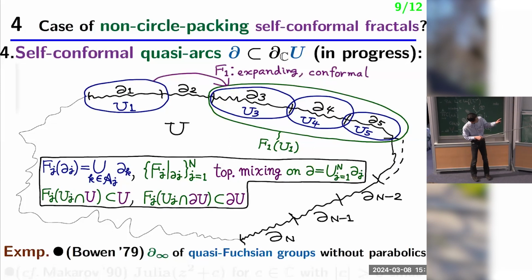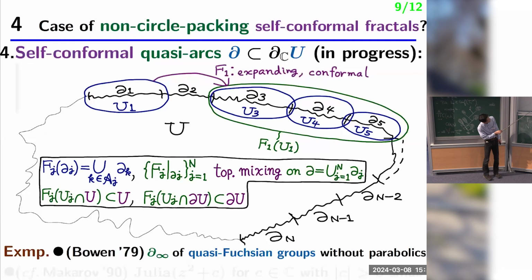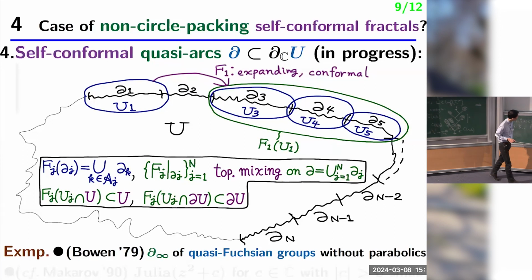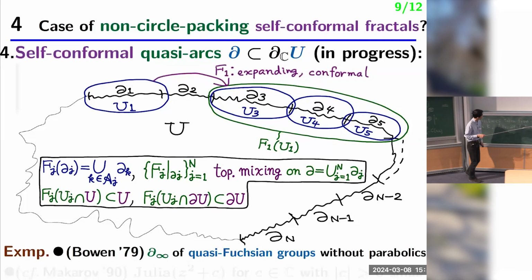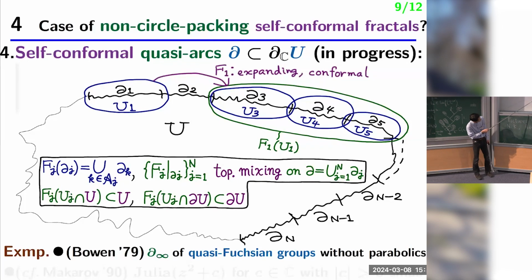One most classical example is probably this one due to Bowen. This 1979 paper is a famous paper about the Hausdorff dimension of quasi-circles, which was published in the IHES publications. In this paper, he gave a particular way of constructing such a cellular decomposition.